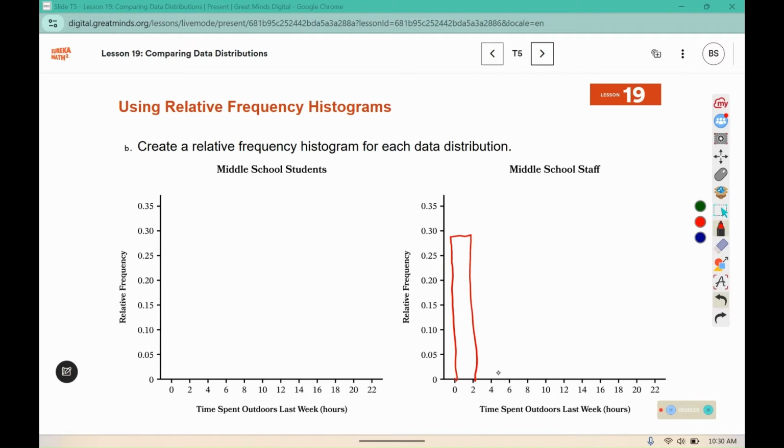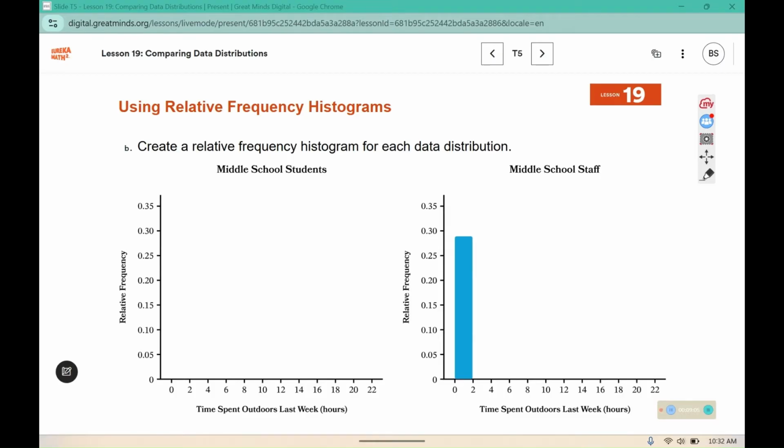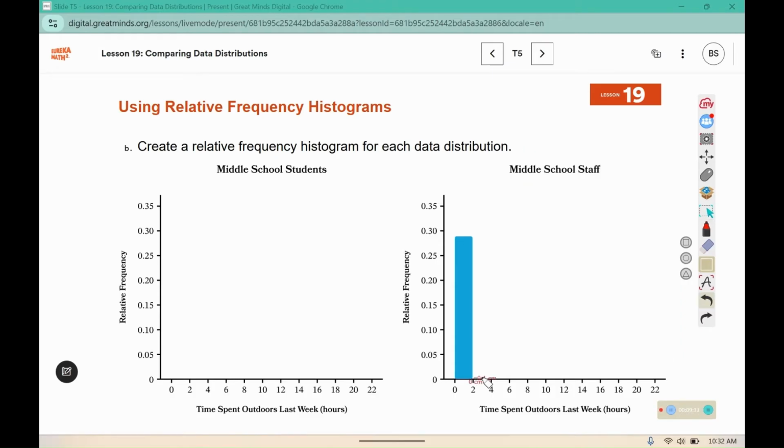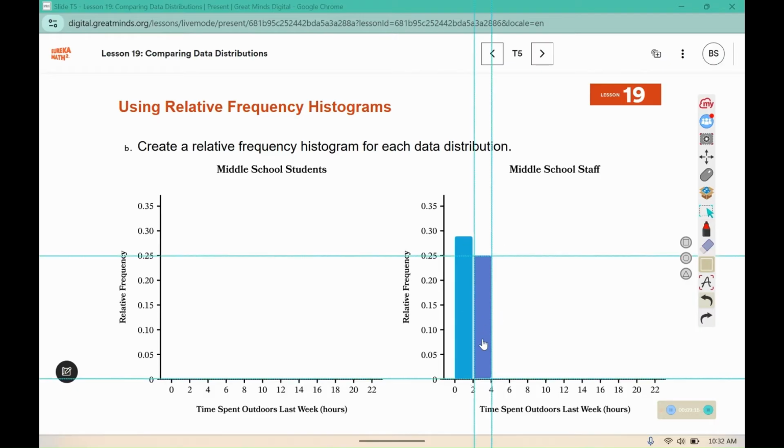Then we would use the next decimal. Then the next decimal we had was 0.24, so right under 0.25. And these on a histogram are touching.